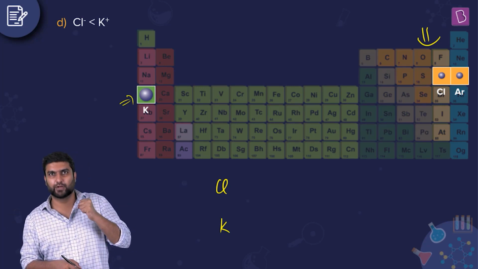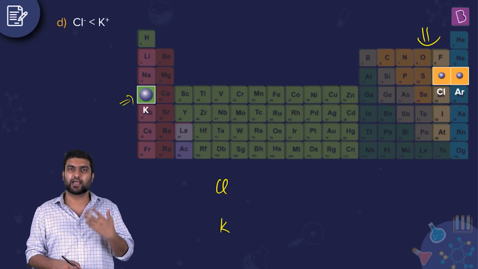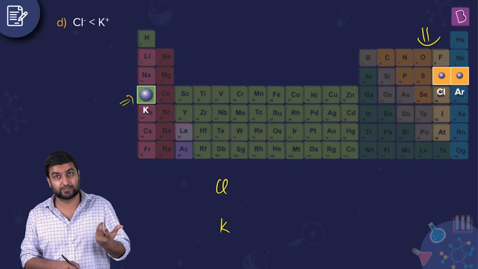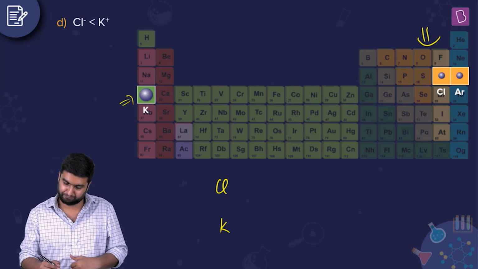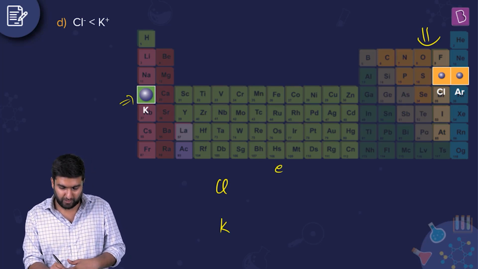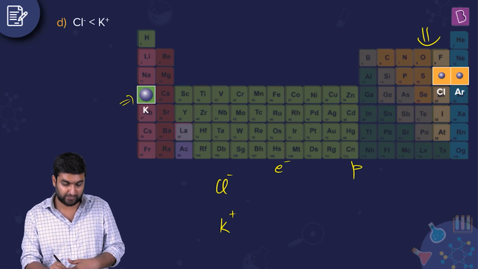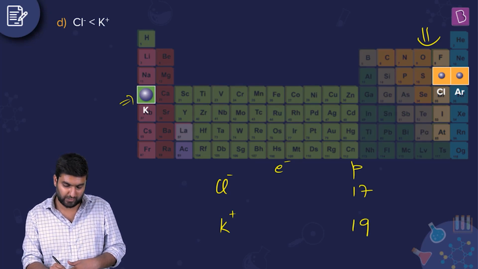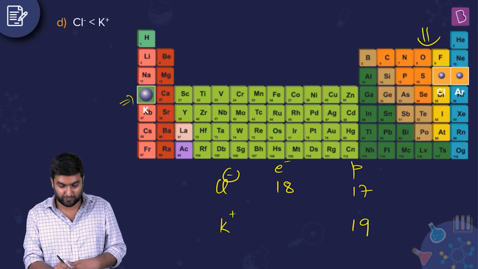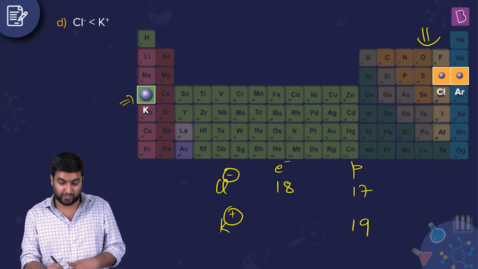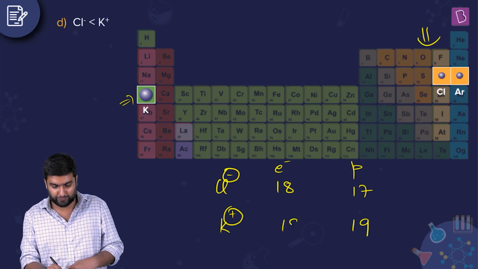4s1. We remove that 4s1. What do we get as the outermost subshell? 3p6, right? So what do we have over here? Electrons and protons, and we have a Cl- and a K+. Cl has 17 protons, K has 19 protons. Minus 1 added, so 18 electrons; plus 1, so 1 electron removed, so 18 electrons.